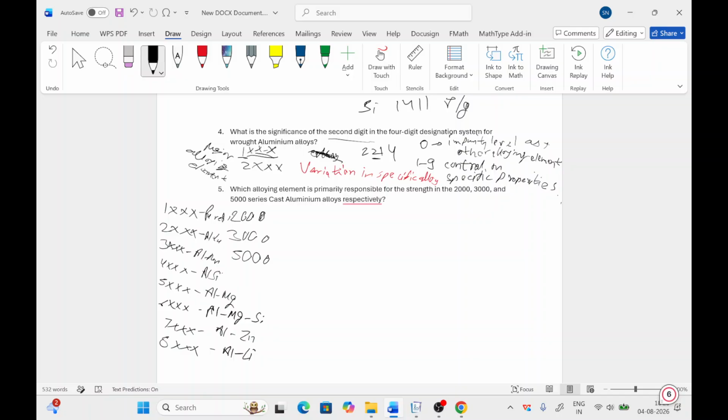we have a little variation. Like 2000 is aluminum copper only, but 3000 is aluminum, magnesium, and silicon. Because 3000 is aluminum manganese, but aluminum manganese is a very soft alloy, so generally we don't use casting for this.